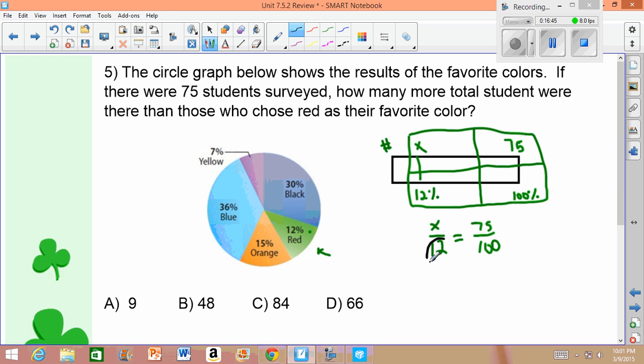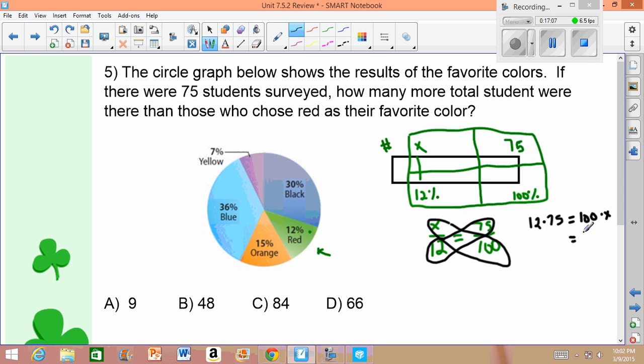We're going to do cross products. We're going to cross multiply 12 times 75, and that's going to be equal to 100 times x.